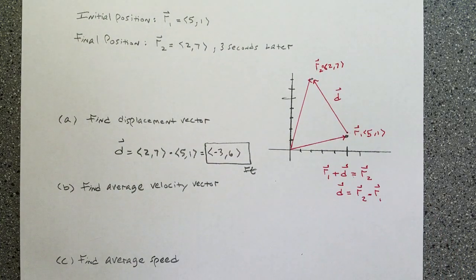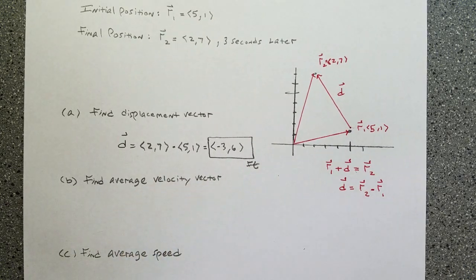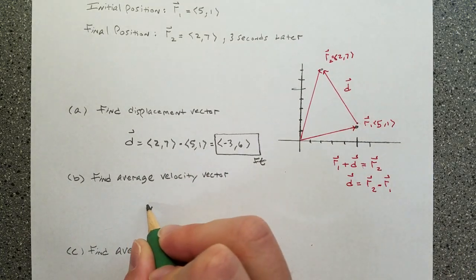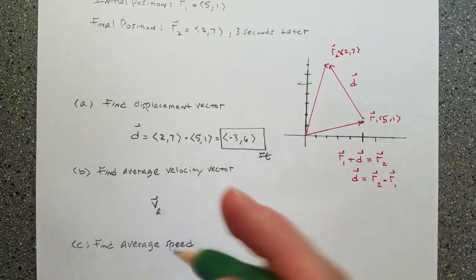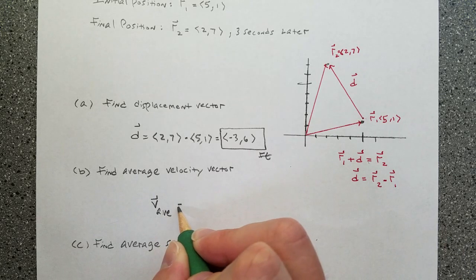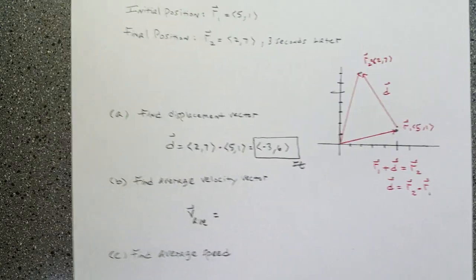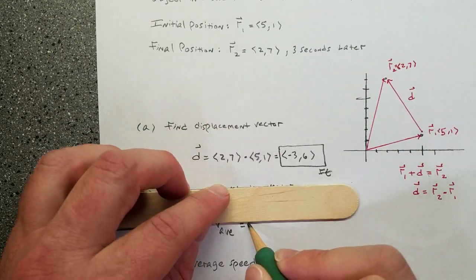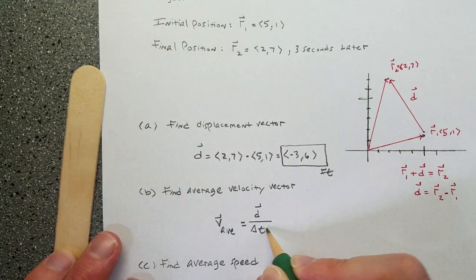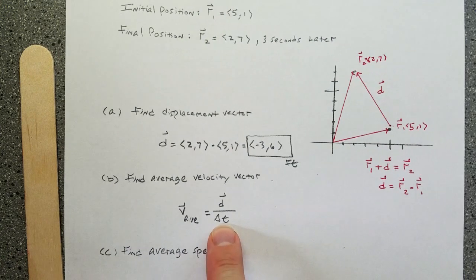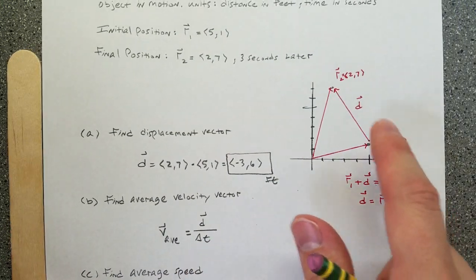Next thing, the average velocity vector. Here's a concept that might be a new one for us. Velocity is a vector. To give you the average velocity would be to give you the displacement vector over the time that elapsed to get from the initial to the final.